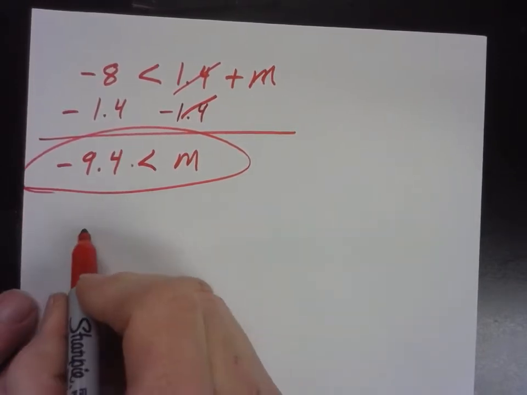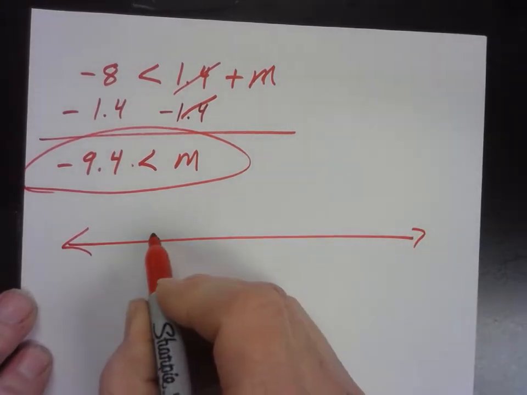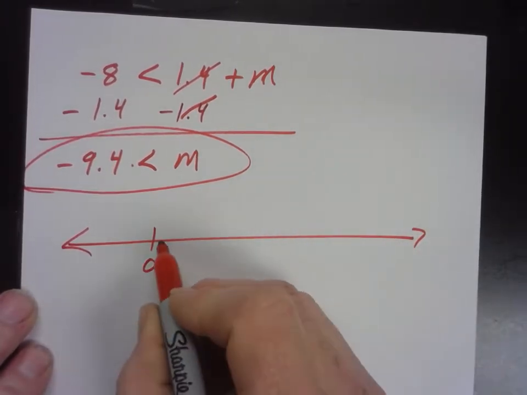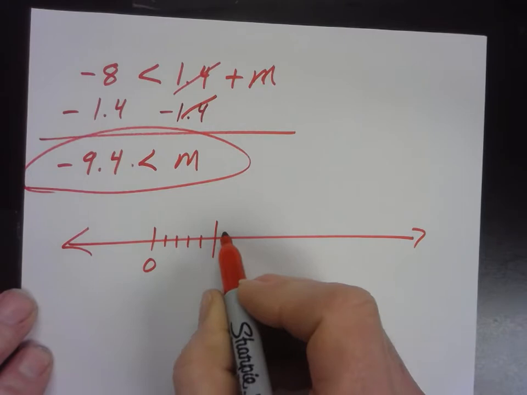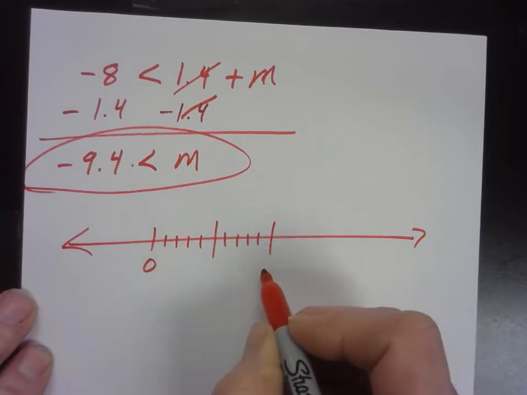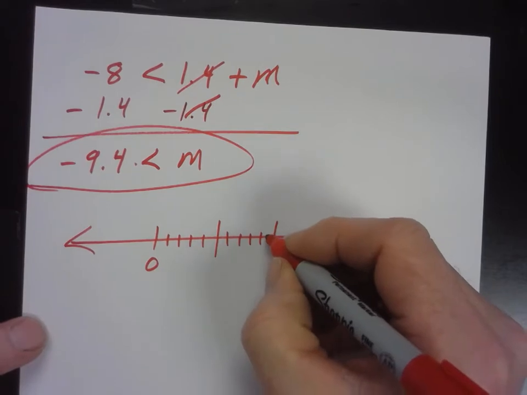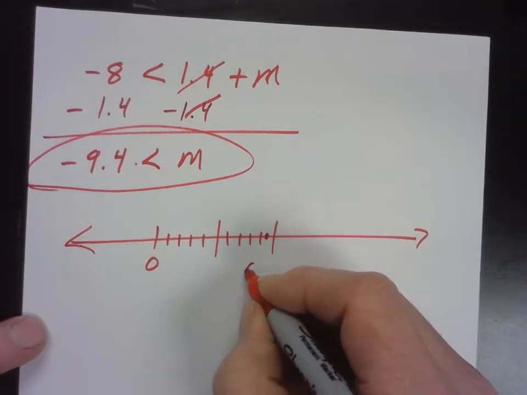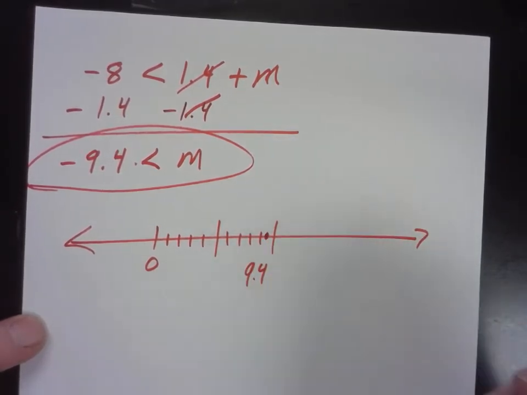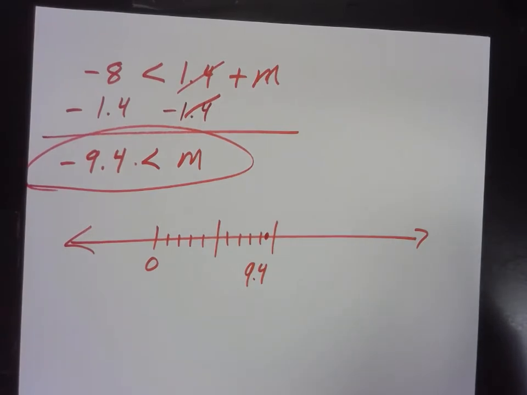Okay, so how do you show 9.4 on the graph? So here's 0. 1, 2, 3, 4, 5, 6, 7, 8, 9, 10. Where's 9.4? Pretty much the middle, right about there. And if I label it and say that's 9.4, then that's 9.4. Open circle, closed circle. Open.